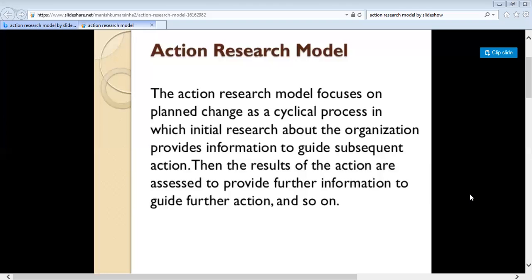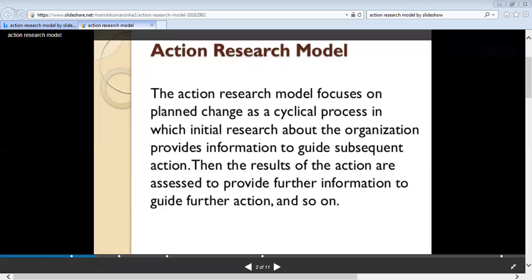This model follows a logical progression of events, a series of phases that unfolds over time. An important part of managing an OD program well is to execute each step well. According to Werner Burke, there are seven phases or steps of an organization development program.